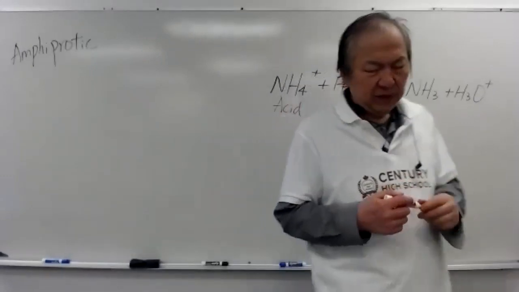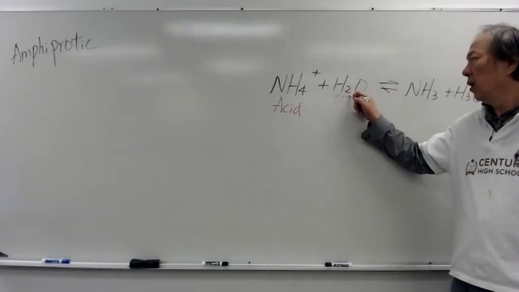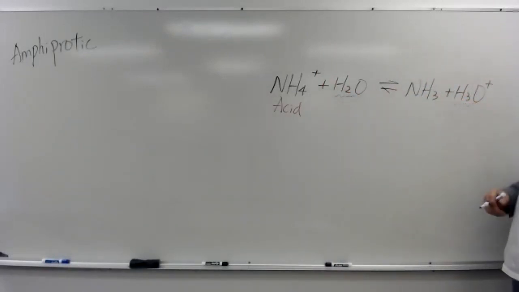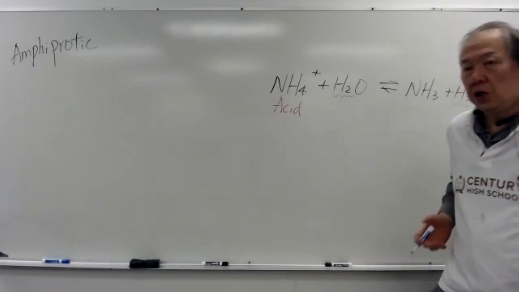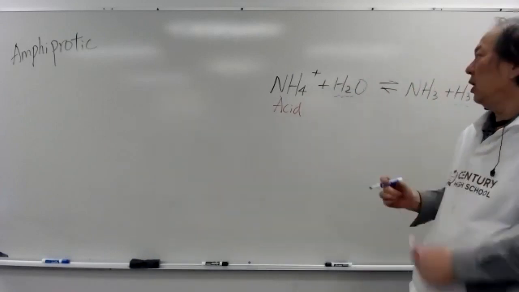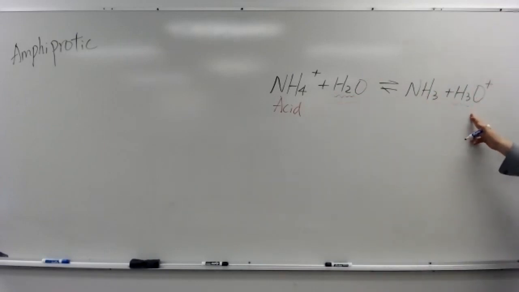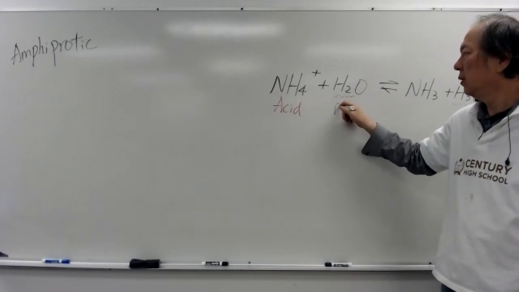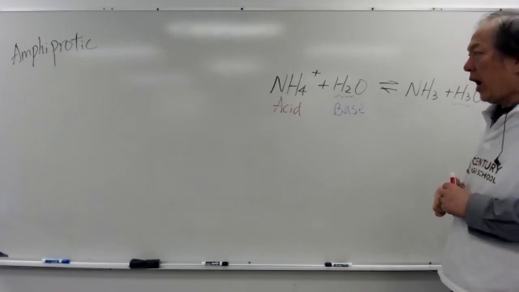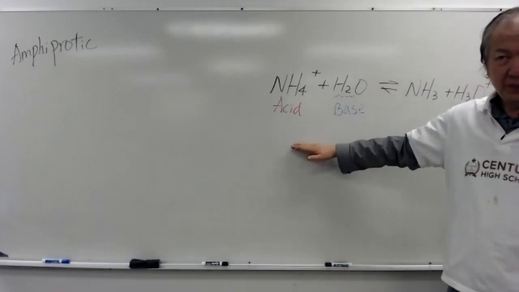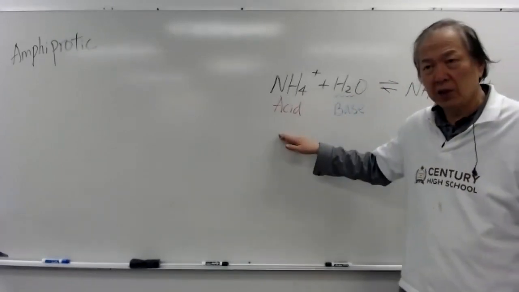Now we ask ourselves, if you go from the H2O to become the H3O plus, you receive one H plus. So we call it the base. From the right to the left, you go from the NH3 to become the NH4 plus.